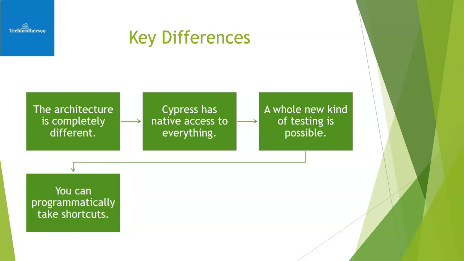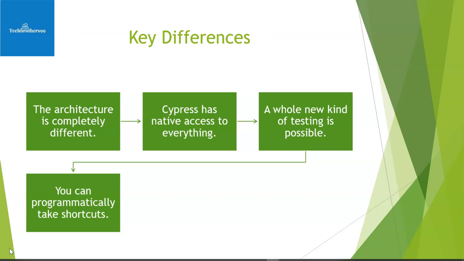And the other feature is that you can programmatically take shortcuts. Whenever we are doing some API calls through the browser, you can change the behavior of that API response, mimic the request, and mimic the response as well.